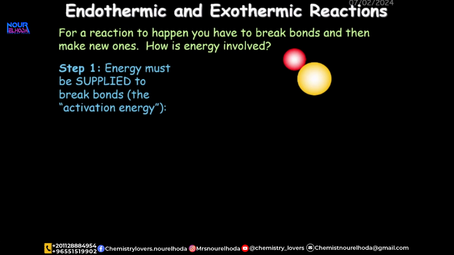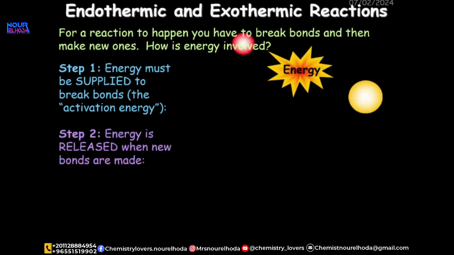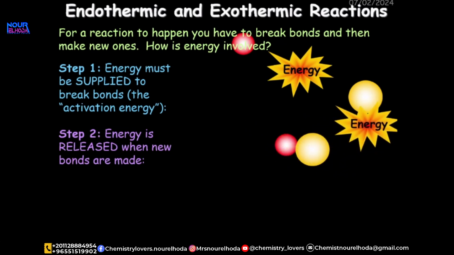This activation energy is going to break the bonds between them. So once I break them with the activation energy, the atoms are free. خلاص, they are going to form new bonds. When you form new bonds, another energy is going to be released. يبقى to break the bond, you need energy. To form new bonds, energy is released.